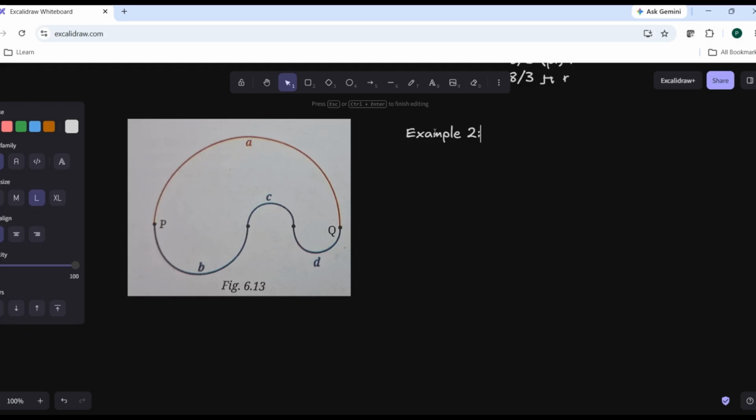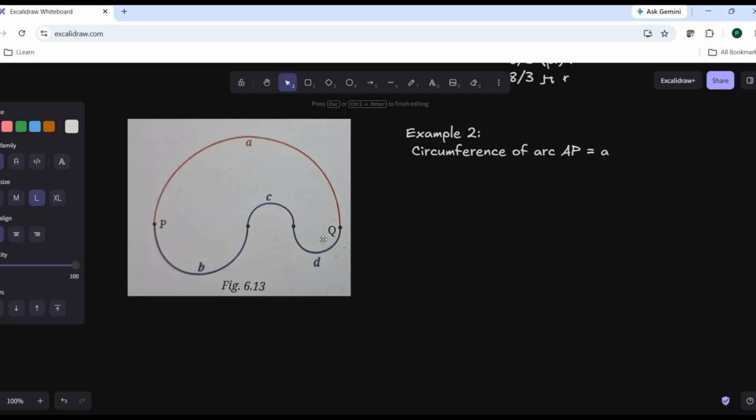What we have been given here is that the length of this arc PQ is A. So this means the circumference of this arc PQ is equal to A. And they have also told us that this is a semicircle.